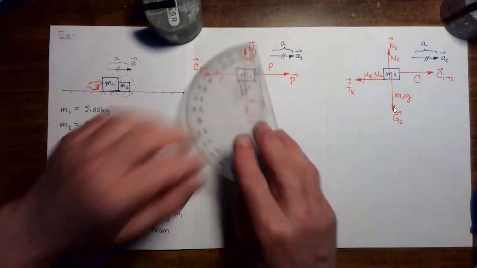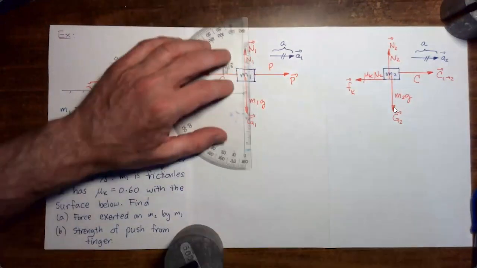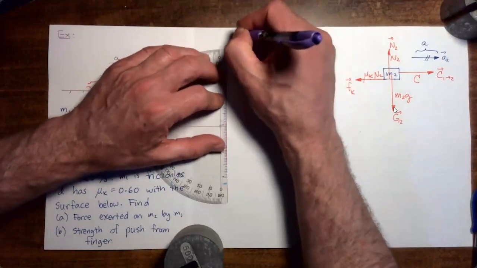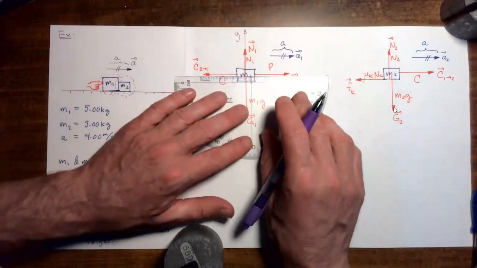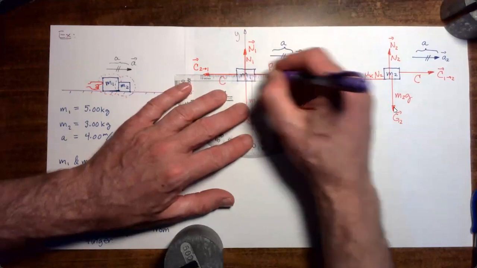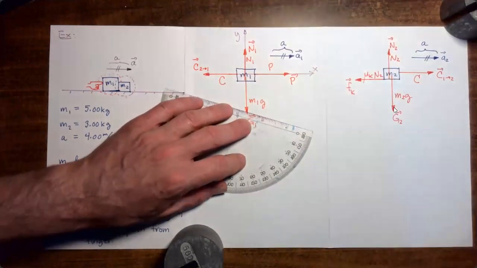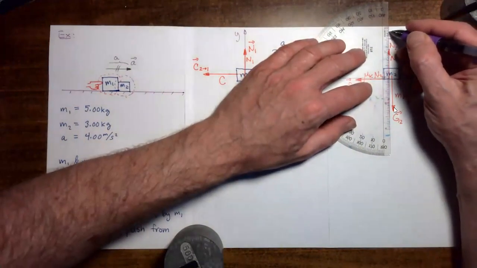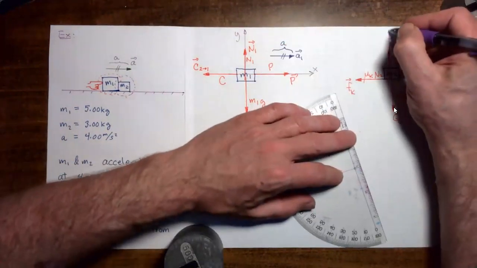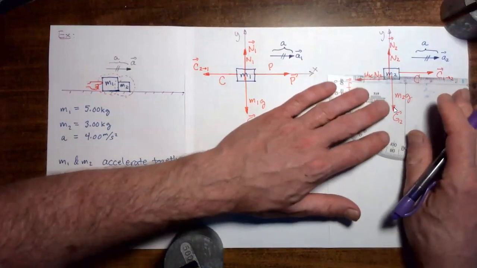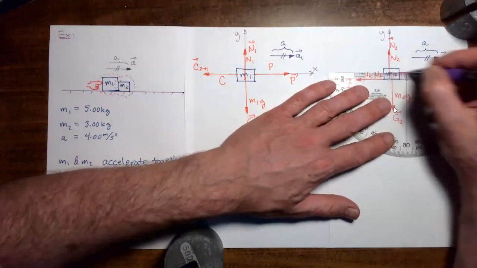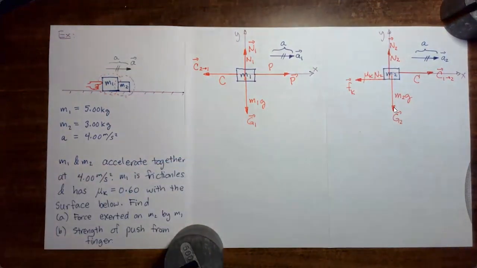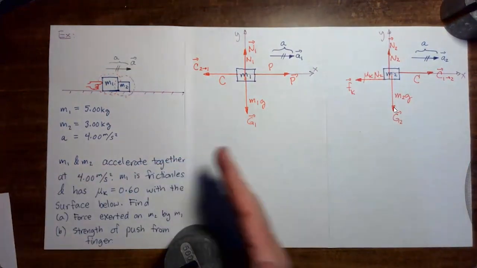So for mass 1, I'm going to come into the figure and put in y-axis pointing up, x-axis pointing to the right, and then same for mass 2, y-axis pointing up, x-axis pointing to the right. And now that we've done that, we can make our grids.